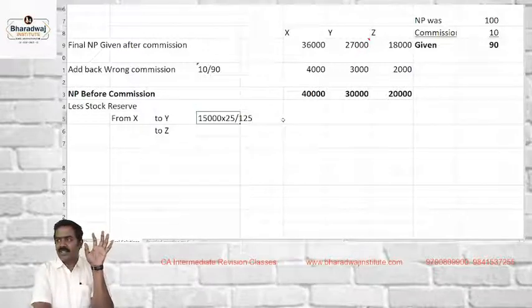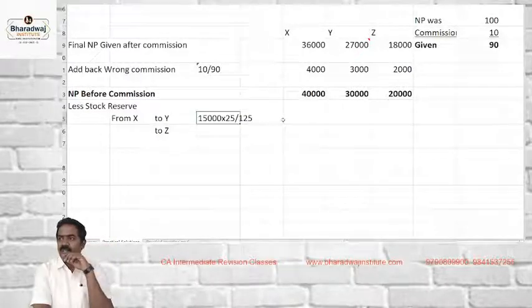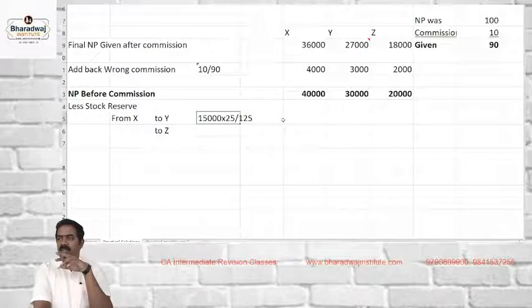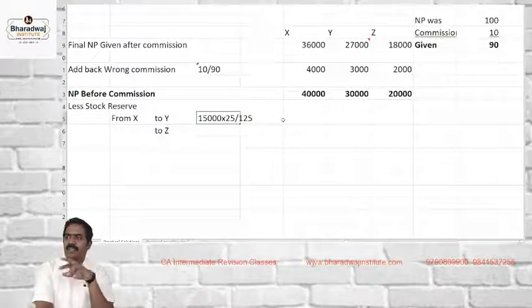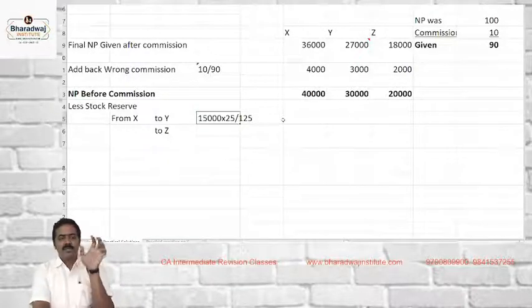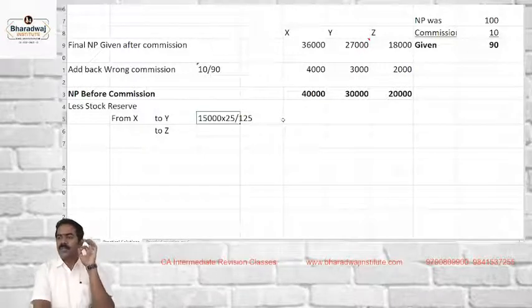Everybody paying attention. What is the profit on cost? 25%. 25 by 100 on cost. On sales it will become 25 by 125. 1/4 on cost, 1/5 on sales. Same principle. So 15,000 into 25 by 125. How much you get? 3,000. No, listen. From which department you will eliminate 3,000?